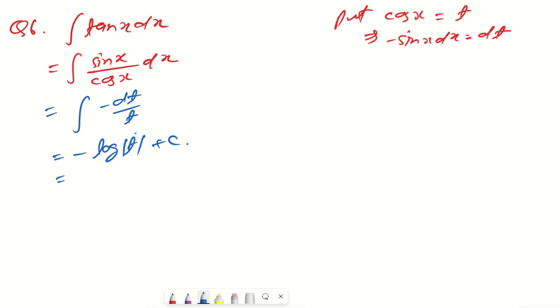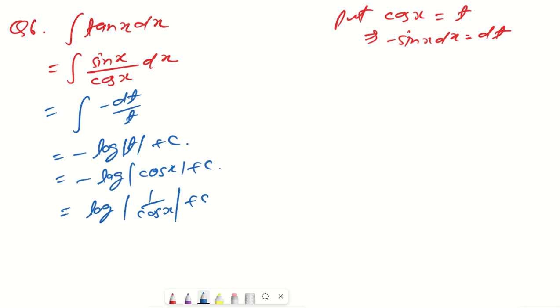This can also be written as minus log of t, where t can be replaced by cos of x. Now since this is minus, so what happens? It becomes 1 by cos x. So it becomes log of 1 by cos x plus some constant c.